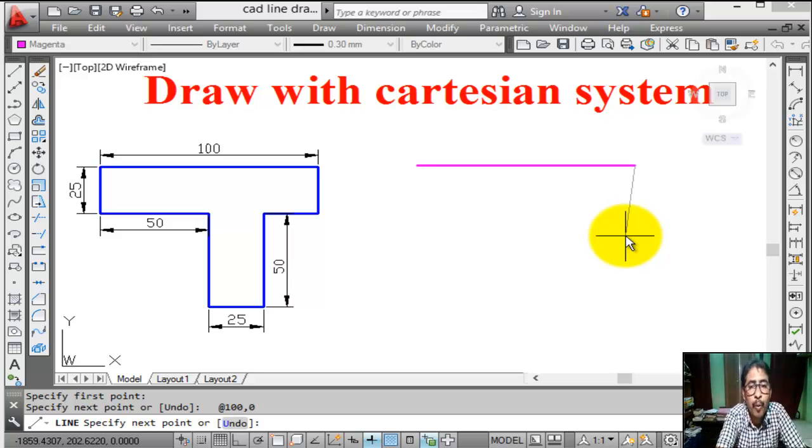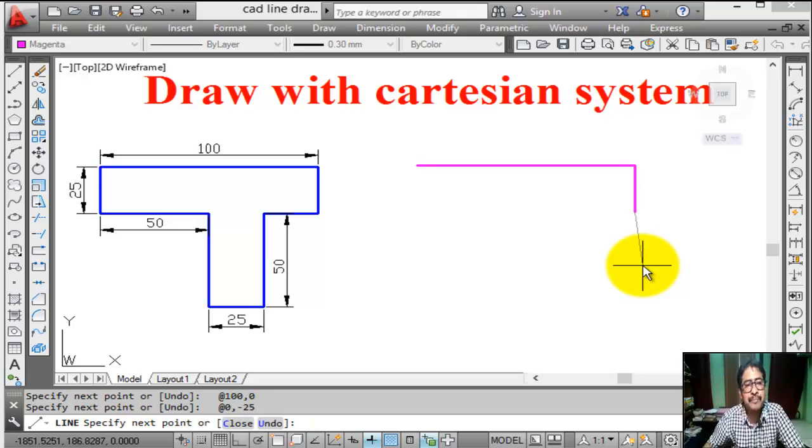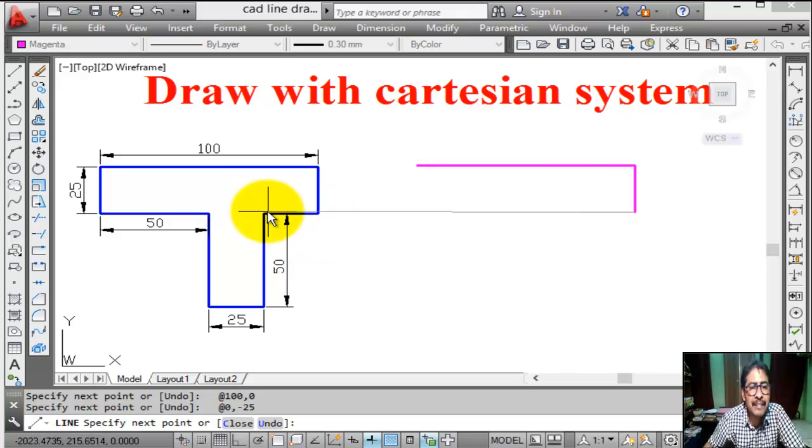Next point, coordinate in the Cartesian system @ x0, y minus 25, enter. Okay. Next, this portion is 25, this is 50, this is 25, this is 100, so this is 25.